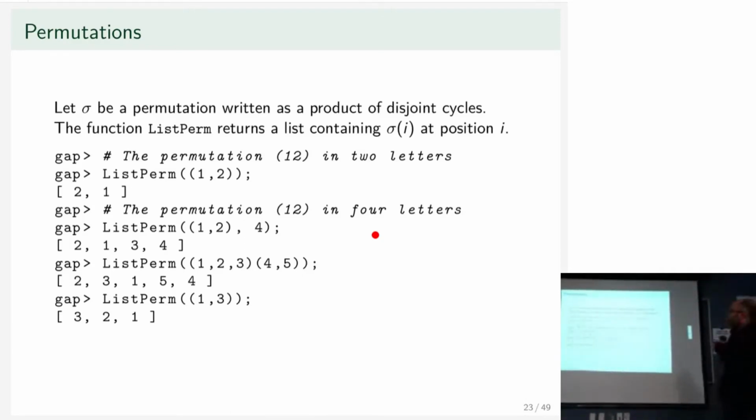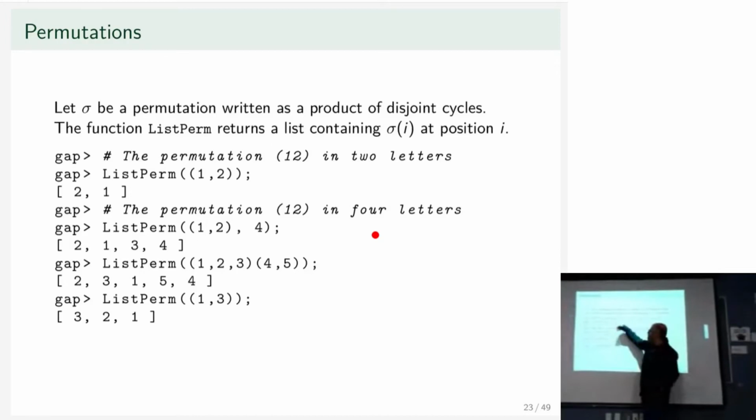But maybe I want to think that this belongs to a bigger symmetric group. Well, I just put the n here, the number of letters that I have. If I do ListPerm of this with this, what I'm thinking is that this permutation belongs to the symmetric group S4. So, okay, 1 goes to 2, in position 1 I put a 2, 2 goes to 1, 3 goes to 3, and 4 goes to 4. In position 4 I have a 4.